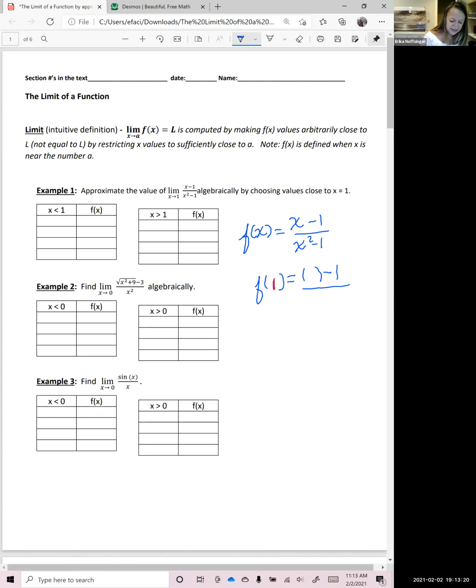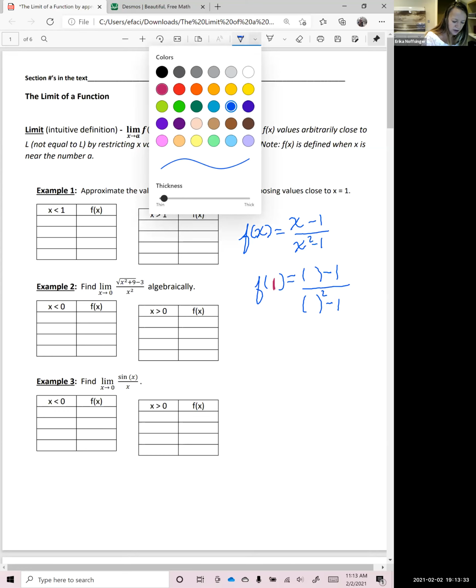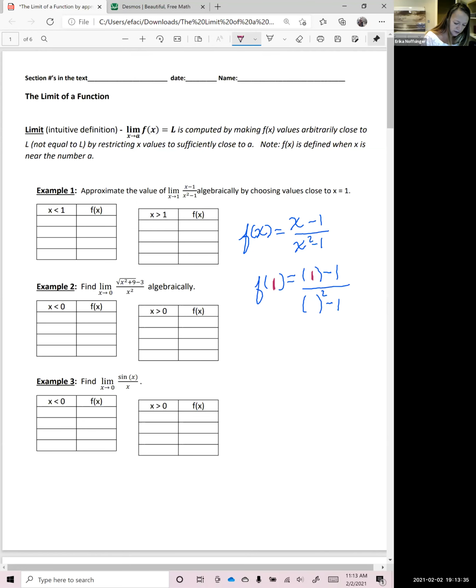So in this function, I see an x, I'm going to put parentheses minus 1. In the denominator, I see an x squared, so I'm going to put parentheses and a square there, minus 1. And now wherever you see that parentheses, we're going to replace that x value with 1.